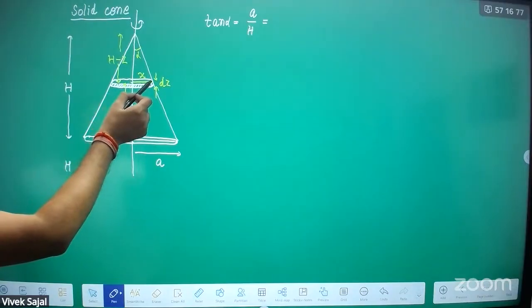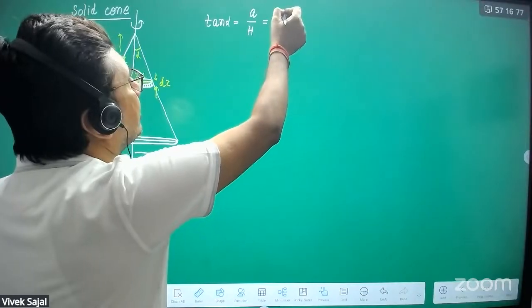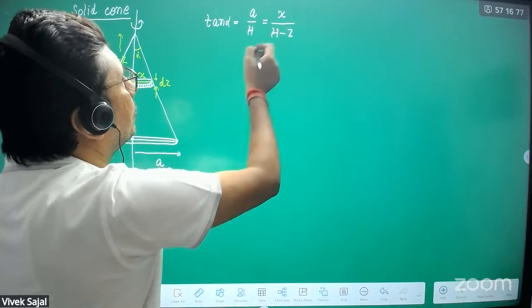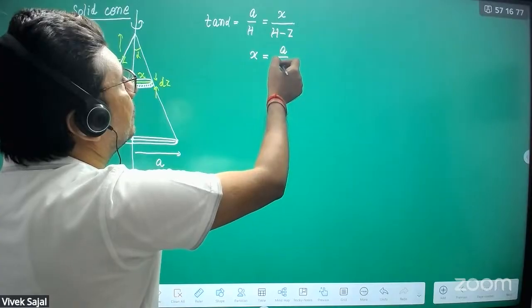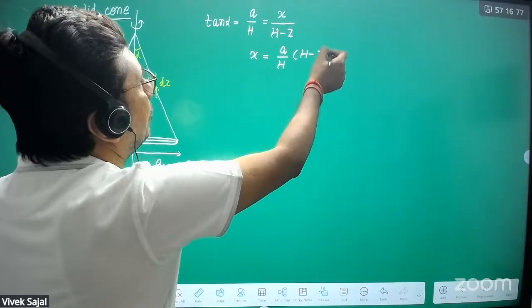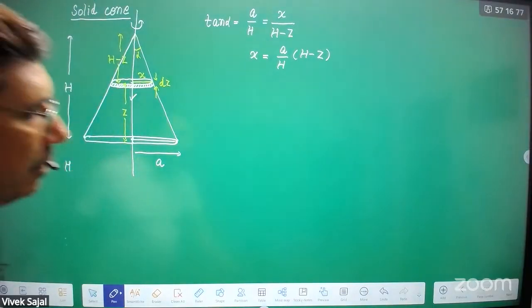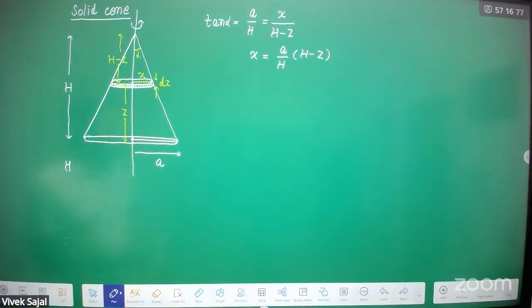This is x and this is h minus z. So I can write it as x upon h minus z. So I can write x equal to a by h into h minus z. I have correlated x and z because two variables are here, x and z. So I have connected x with z.